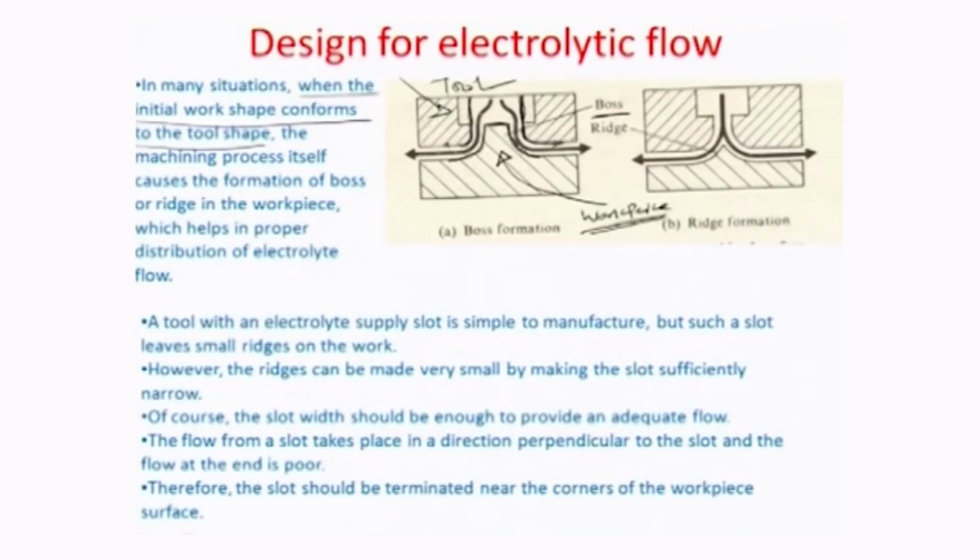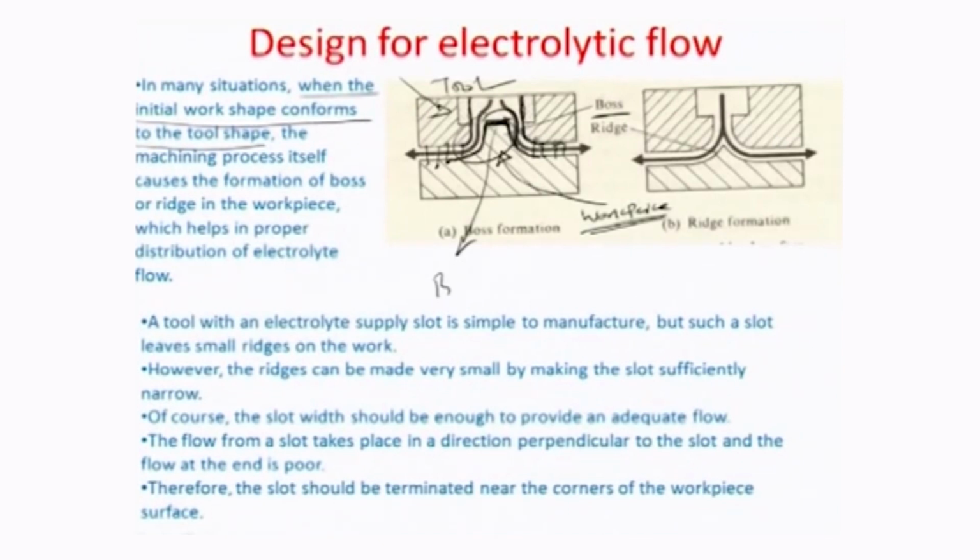If such a ridge or a boss comes in the path of the flow, the first obvious reaction that a designer would have is to somehow remove it, or make it non-aligned. Otherwise, if the flow keeps on continuing here, the boss shape would remain, because there is no electric field which is actually trying to remove or dissolve away this boss, because the electric field happens between the tool and the workpiece here, and this zone is far away from the electric field.